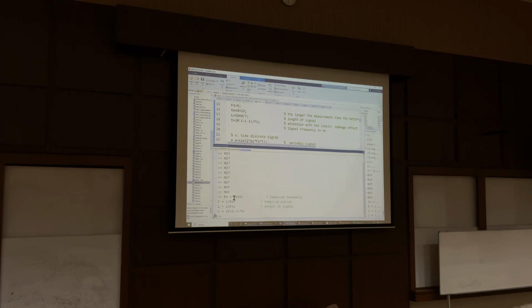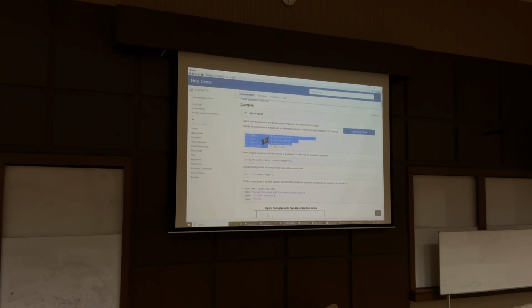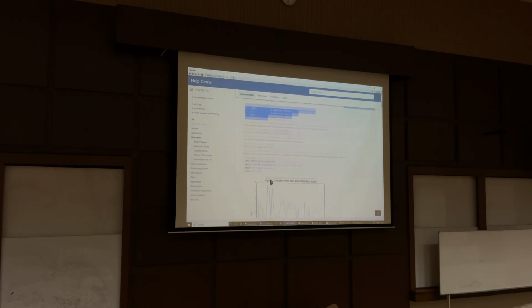So you can use these examples in the help file line by line, or compose them to an M file, and then easily run them.